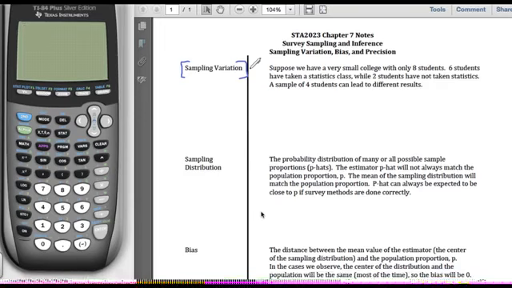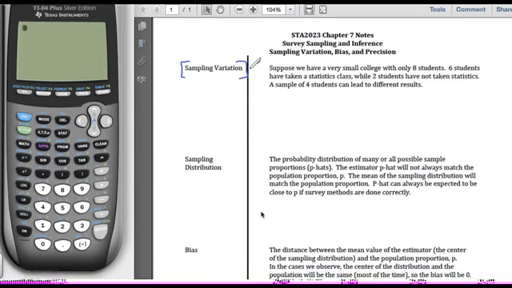I could go out again in a couple weeks, get another random sample of 100 students, probably different students, average their GPAs, and I might get a 3.2 as the average. So samples are going to vary from sample to sample. It's not going to be the same result every time. We need to keep that in mind.